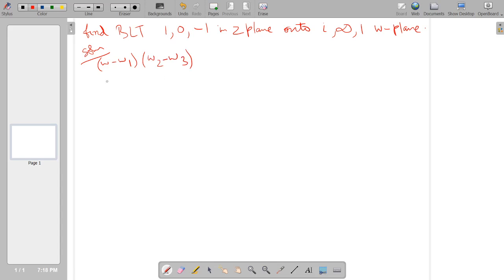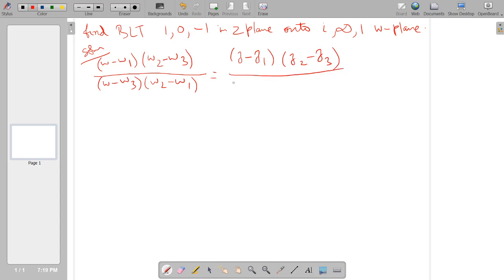I'll have it like this: (W minus W1) into (W2 minus W3) by (W minus W3) into (W2 minus W1), equal to (Z minus Z1) into (Z2 minus Z3) by (Z minus Z3) into (Z2 minus Z1).